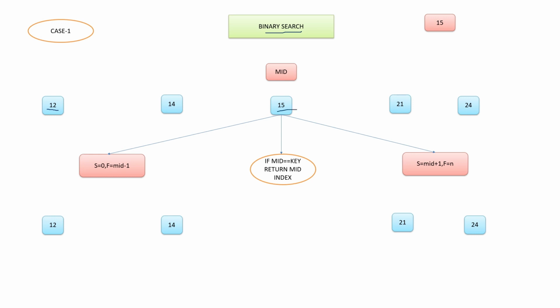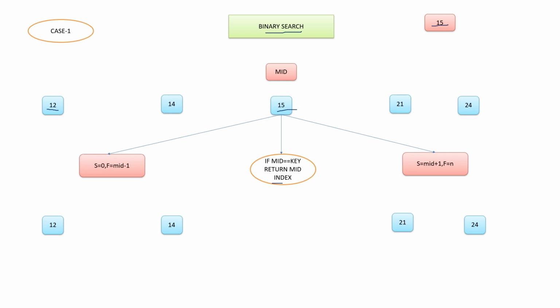In the first case, we want to search for the key 15. First we check whether the mid element is our key. If it is, then we return the mid index, and if not, we have to go for the further indexes.